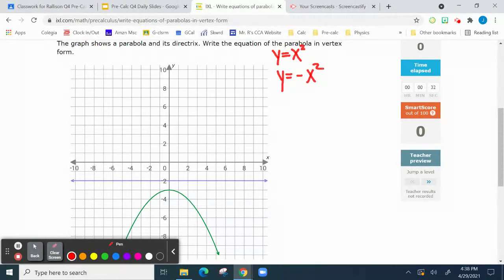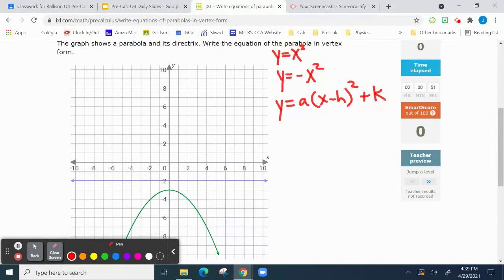Now we have to start to find numbers. Our form is y equals a(x minus h) squared plus k, and we are trying to write the equation of that parabola.